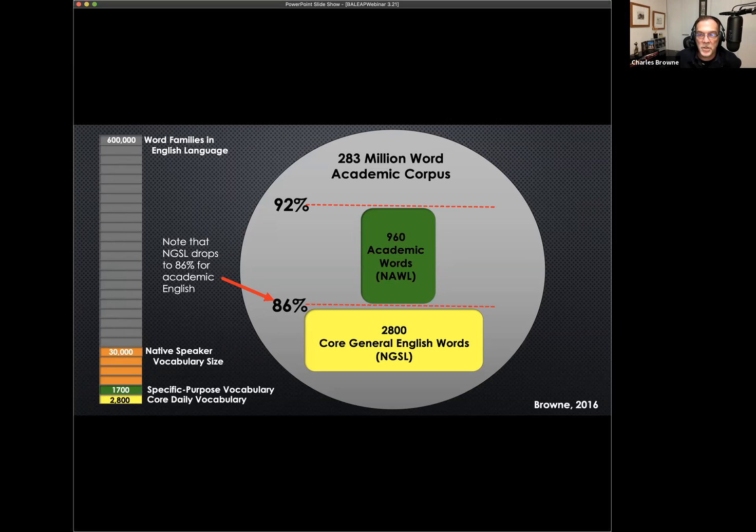If you think of a large university, there might be 30 or 50 different kinds of specialized genres. And so it's very hard to come up with a core list that gives very high coverage. But we were able to get above that 90% threshold, 92%, with our word list.